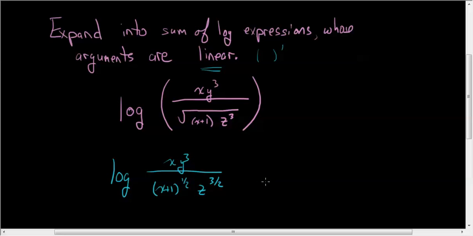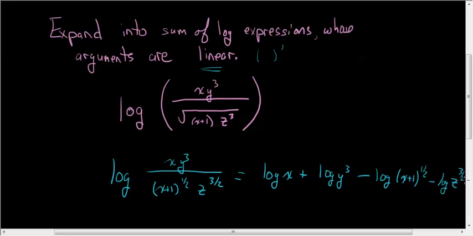So now this is going to be the log of x, and since this is multiplied, plus the log of y cubed. Now what's downstairs, what's being divided, we're going to subtract the log of x plus 1 to the 1/2 minus the log of z to the 3/2.